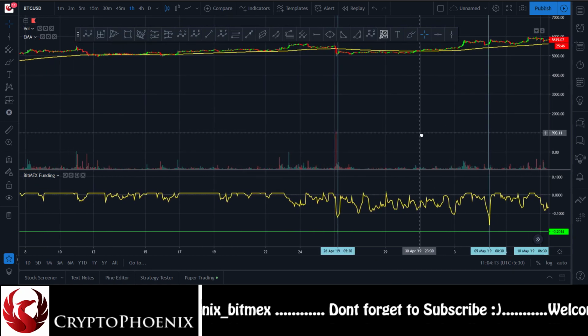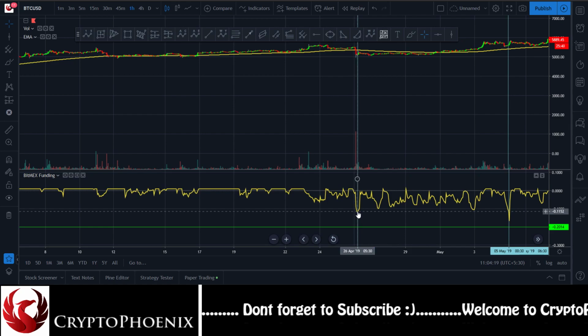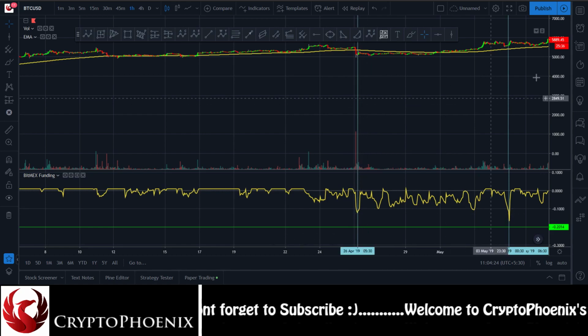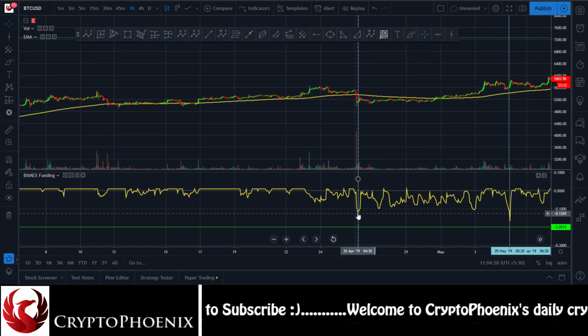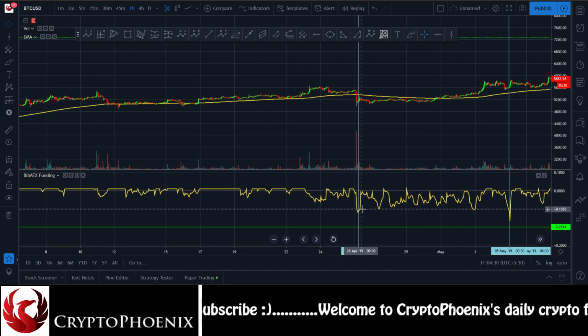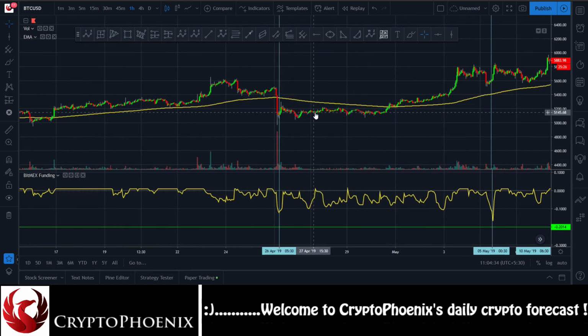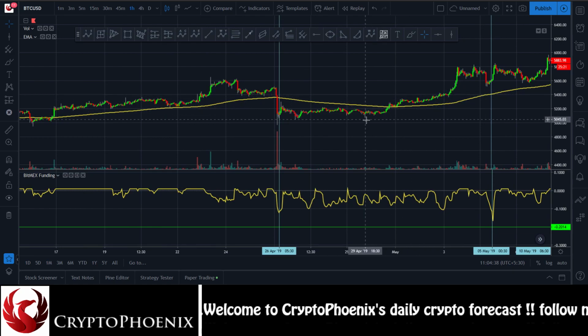All right, so you can see here the funding rate was extremely negative, so most of the traders are in short. So when the funding rates are negative, that shows shorts are going to pay longs. And as soon as this begins to recover, we can see the price was significantly moving sideways, and finally it continued to move up.